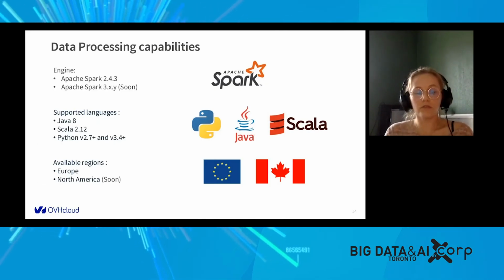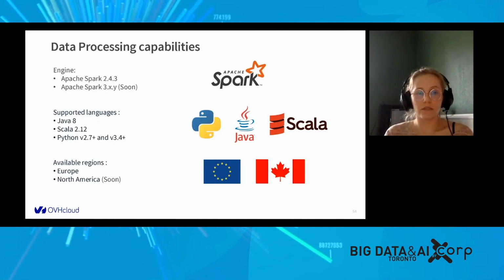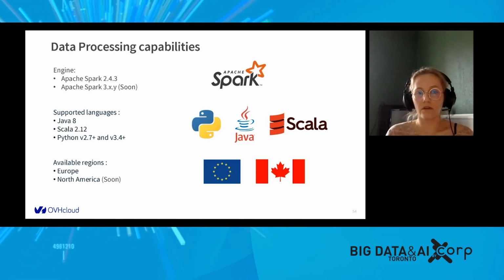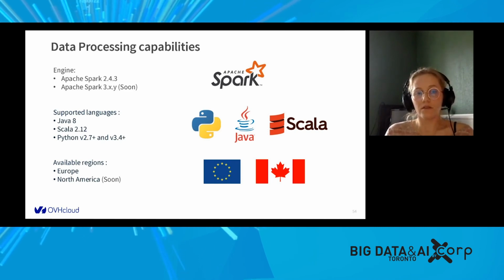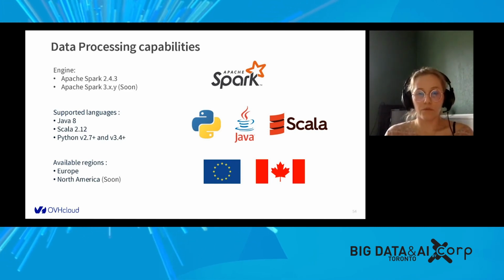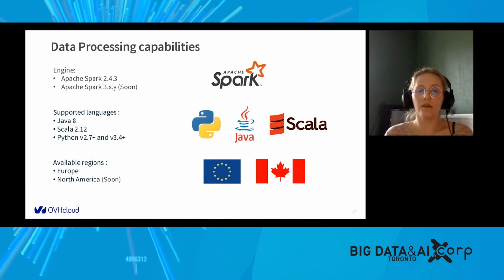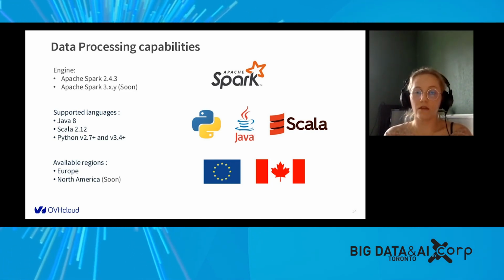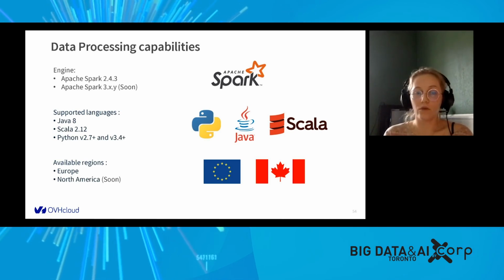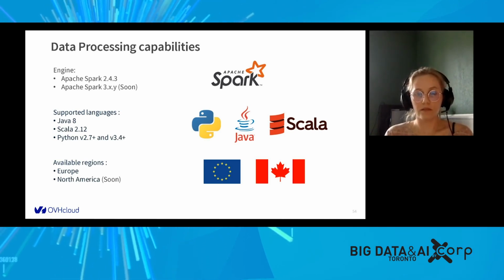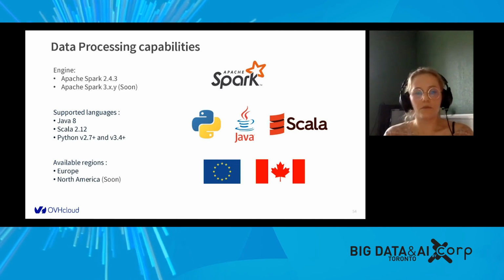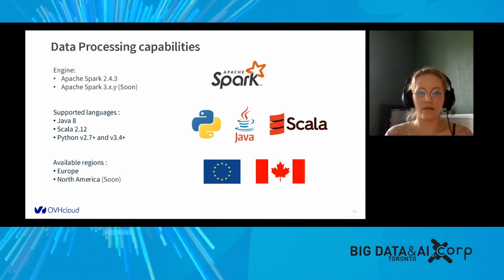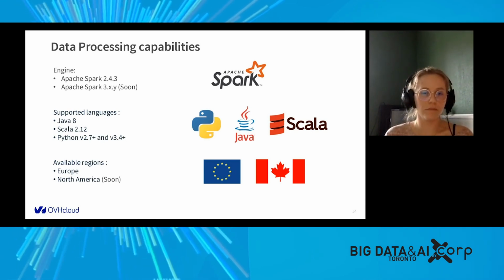If you are interested in OVHcloud Data Processing, then I let you know that for now it's only available with the Apache Spark 2.4.3 version, but soon we will be able to provide more Spark versions and maybe more engines. You can tell us what you want, and we will consider that in order to add new features to our solution.